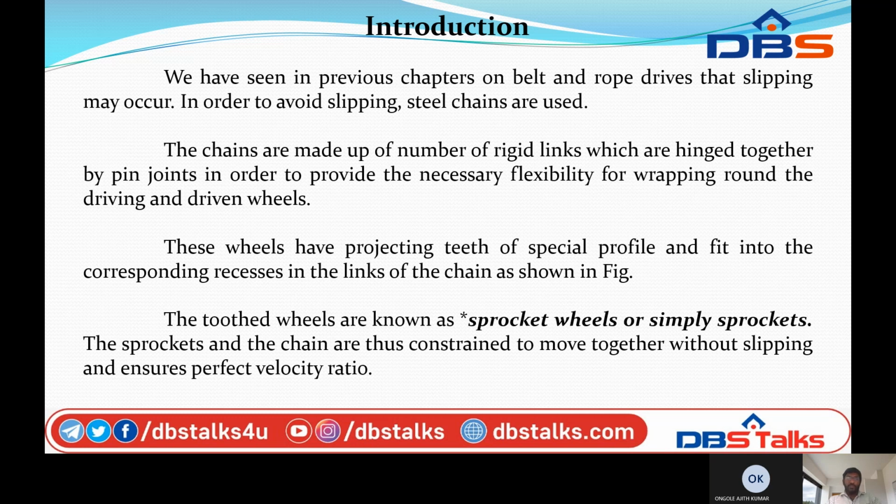The toothed wheels, known as sprocket wheels, are simply sockets. The sockets and the chain are thus constrained to move together without slipping, and ensure a perfect velocity ratio.